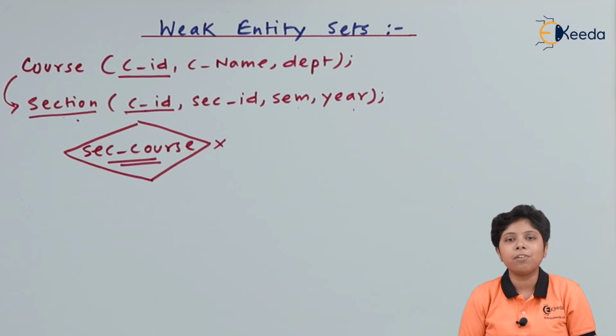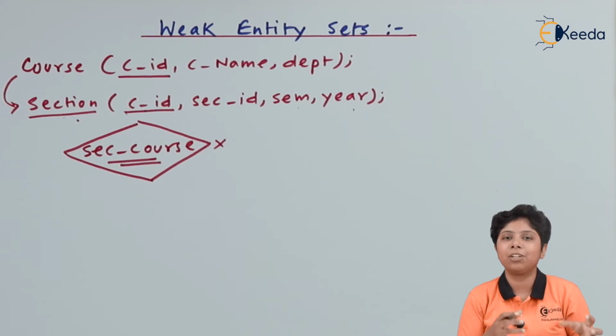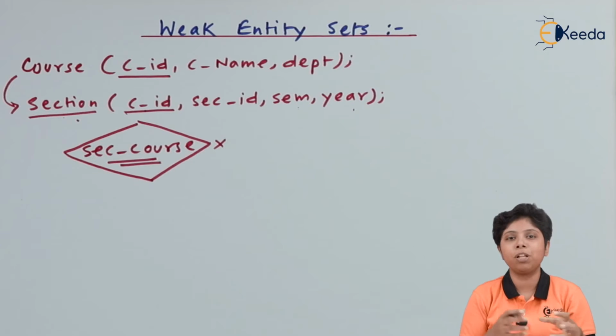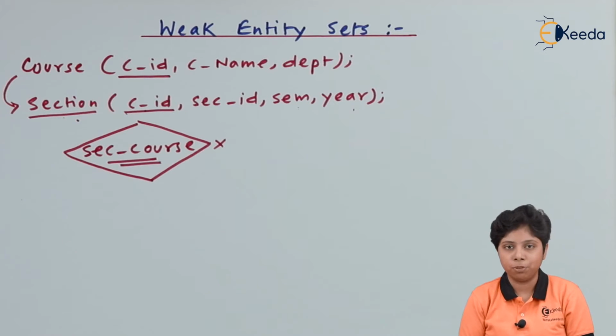Now we can relate the section and course very clearly, but the problem is that we are actually having a redundant attribute. So if I want to delete the redundant relationship, it will arise with a redundant attribute. That is also not desirable.